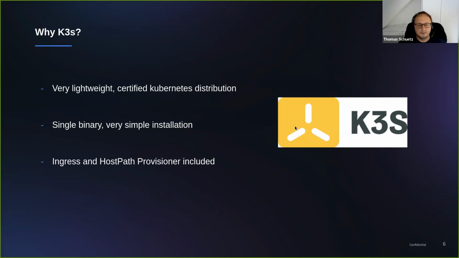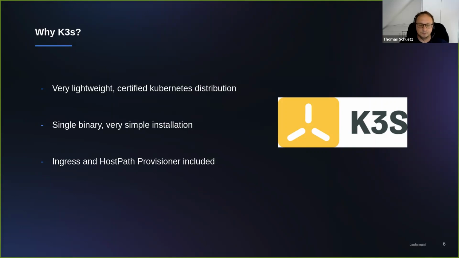Keptn is currently running on MicroK8s, Minikube, and many other Kubernetes distributions. So you may ask why we should use k3s for running Keptn. At first, k3s is a single binary distribution. So the installation is very, very simple, and very simple to embed in a shell script, as I did in this case.